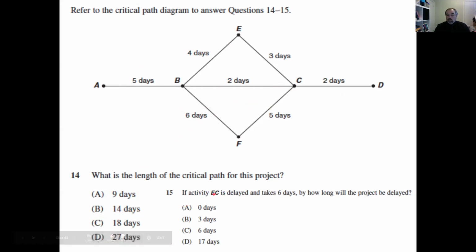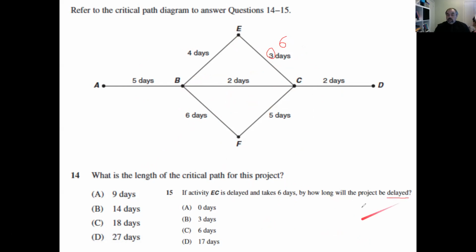In our next question, it says if activity EC, so there's EC there, was delayed and takes 6 days. What that would mean is that up here, instead of that being 3, we're going to add 6 there. It says how long will the project be delayed?